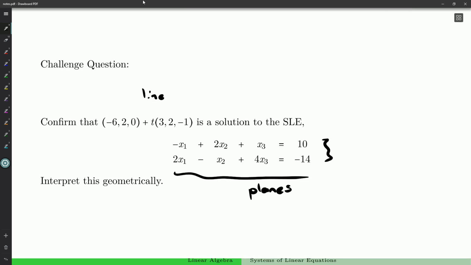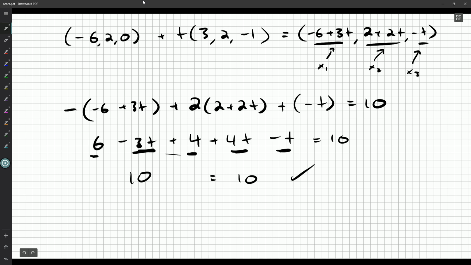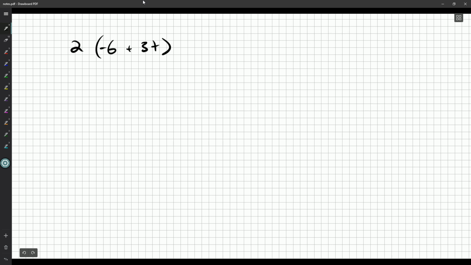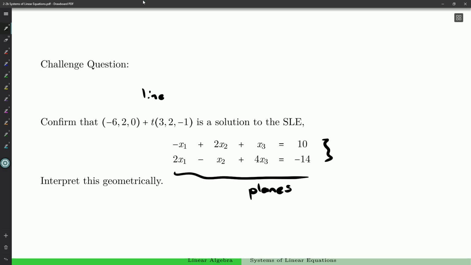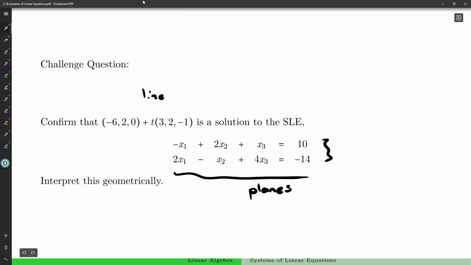So it's 2x1, except there is no x1 anymore. It's 2 times (minus 6 plus 3t), I believe. Just check. Then in place of the x2, we have 2 plus 2t. And then 4x3.